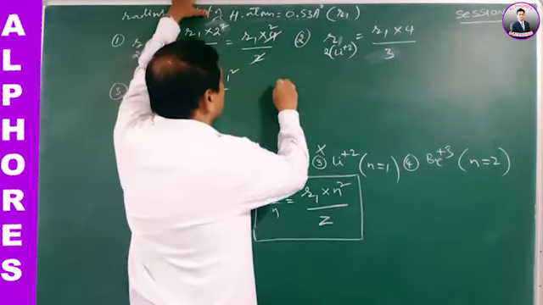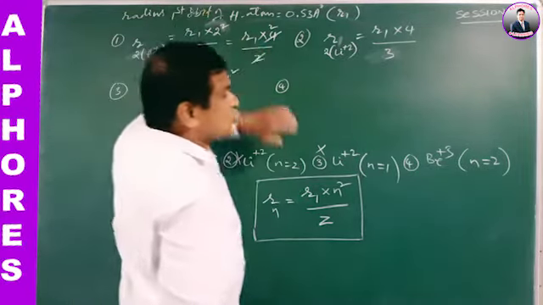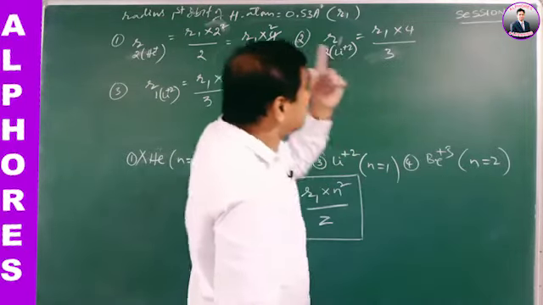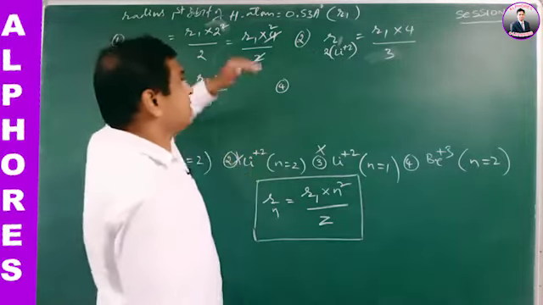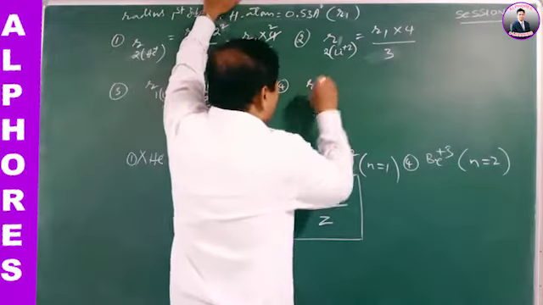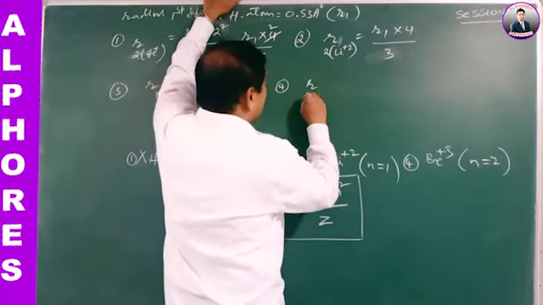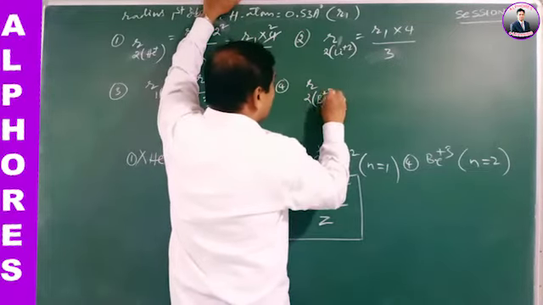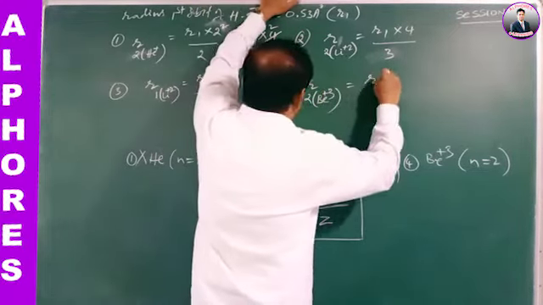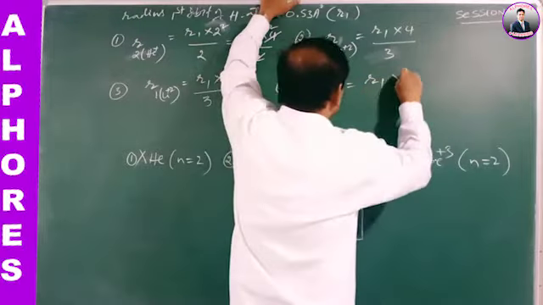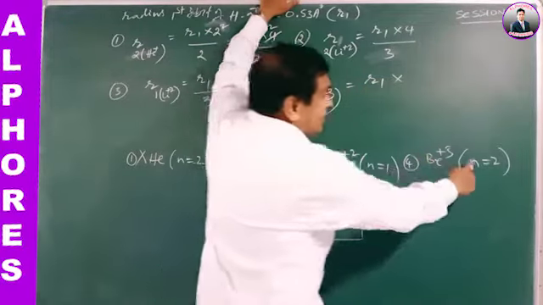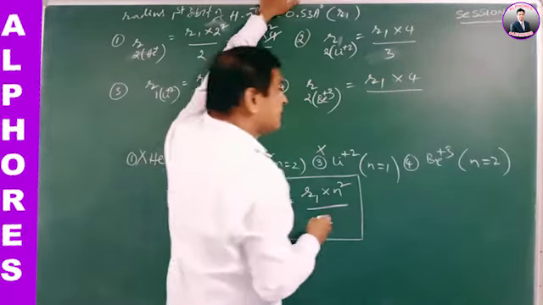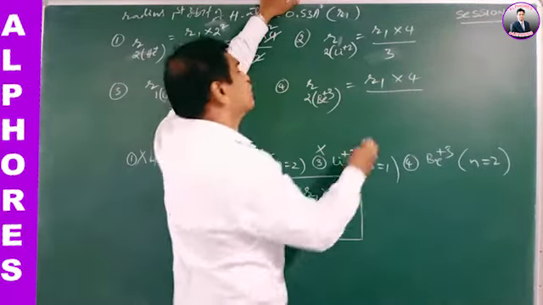Now coming to the fourth option. What is the meaning of this? The radius of the second orbit of beryllium ion, is it equal to the radius of the first orbit of hydrogen? Let us see. Radius of the second orbit of beryllium plus 3 ion is equal to the radius of the first orbit of hydrogen into n square, that is n is 2, that is 4, by atomic number of beryllium, which is 4.